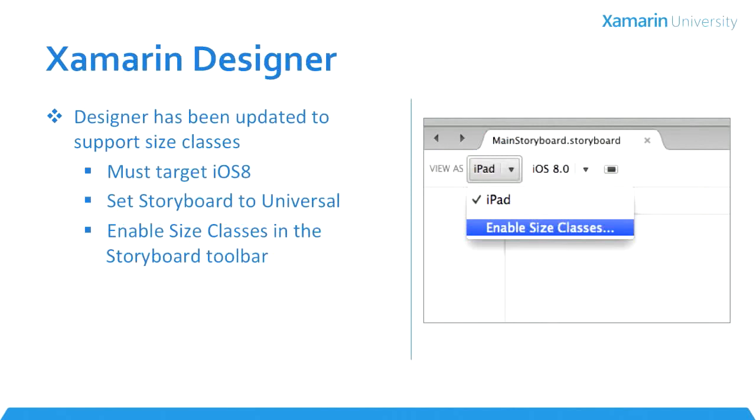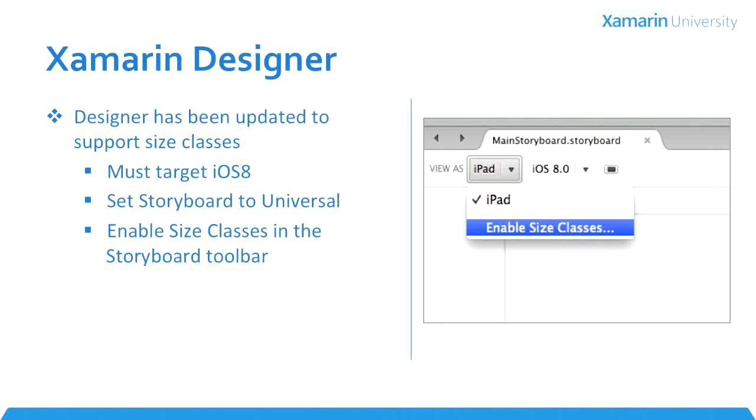So to enable this sort of design, Xamarin has updated the iOS designer to support size classes. However, it needs to be explicitly enabled through the toolbar. And do keep in mind that once you turn this feature on, the storyboard will require iOS 8 and Xcode 6 or higher. You should also make sure that your app is universal.